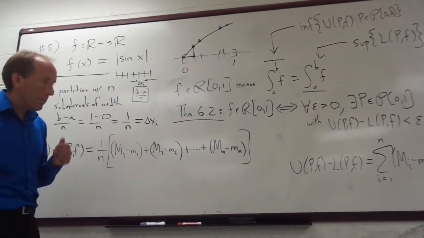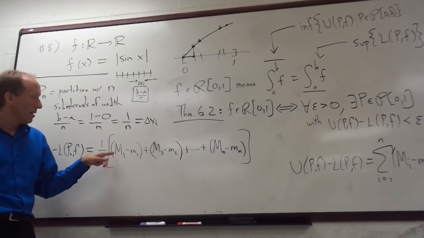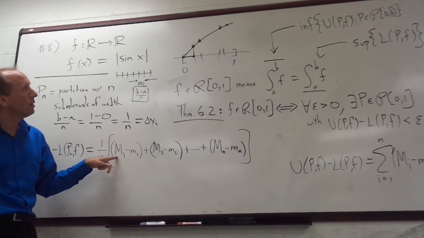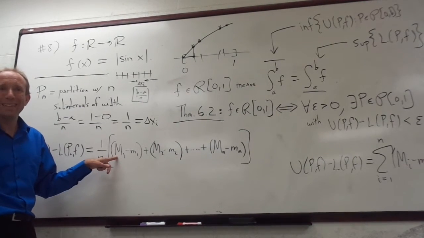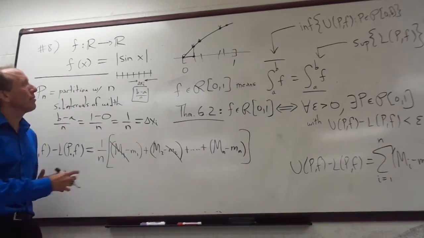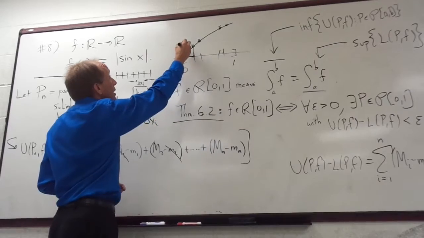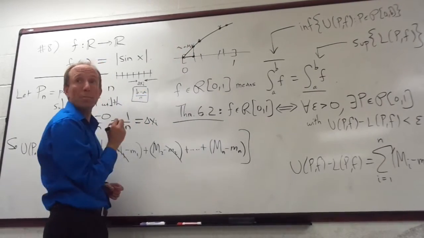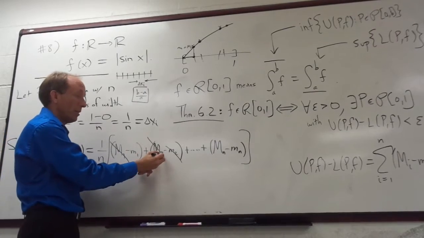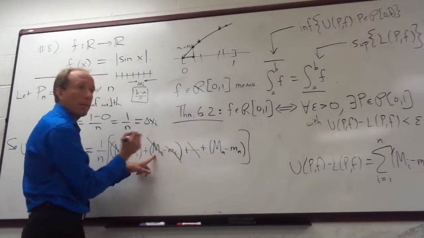But now the point we were just making, guys, is that big M1 is the same as what? Little m2. That's this value here. Big M1, the maximum on the first subinterval, is the same as the minimum on the second subinterval. And then the maximum on the second subinterval will be the same as the minimum on the third subinterval.